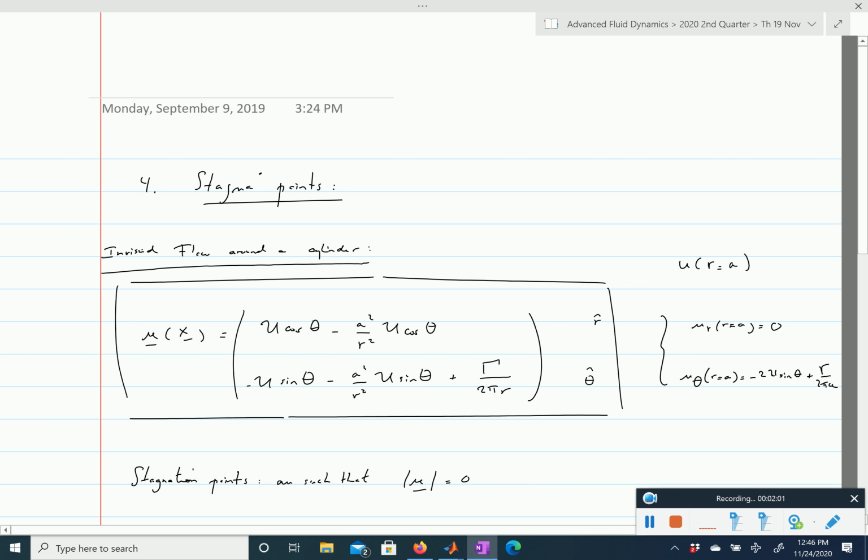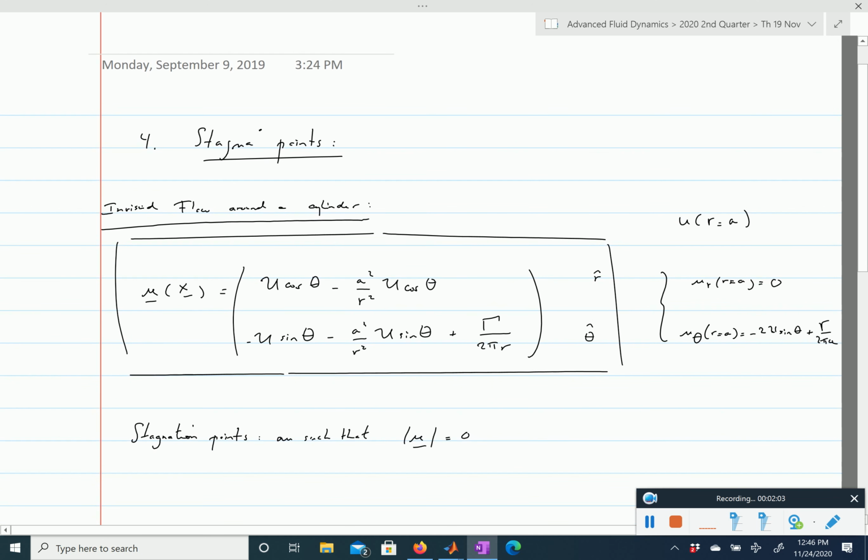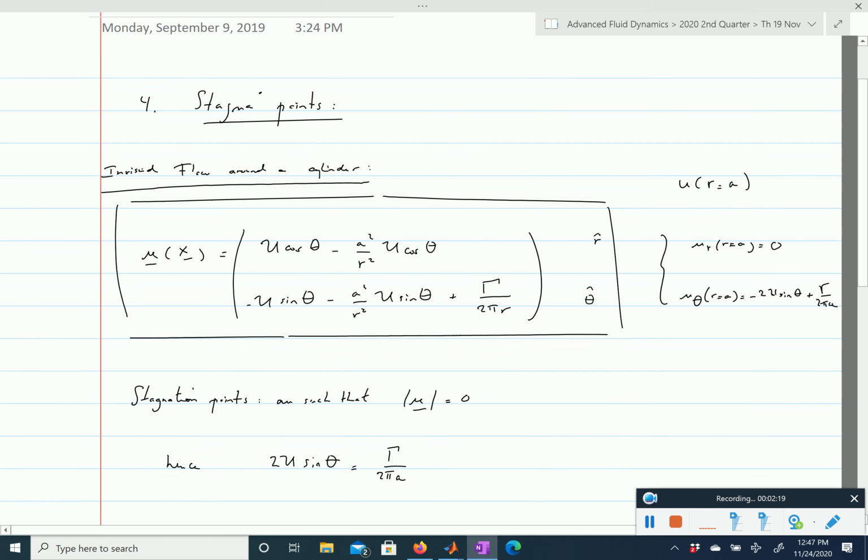The equation which characterizes the stagnation point is that 2u sine theta is equal to gamma divided by 2 pi a. So we need that the circulation gamma is equal to 4 pi a u sine theta.